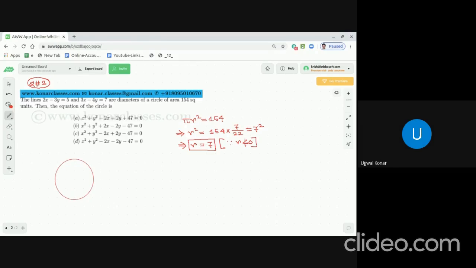Suppose this is the center of the circle. Then one diameter is 2x minus 3y equal to 5, drawn something like this, and the other diameter is 3x minus 4y equal to 7, suppose something like this.